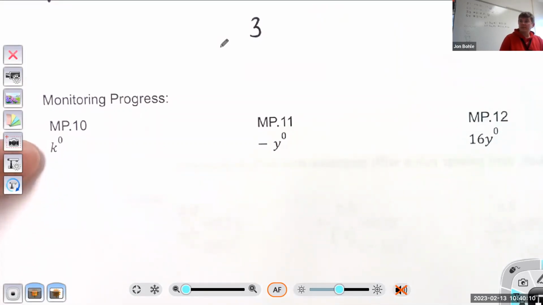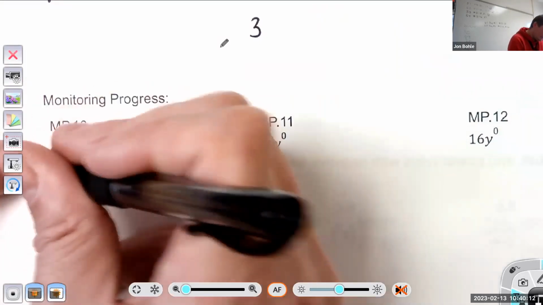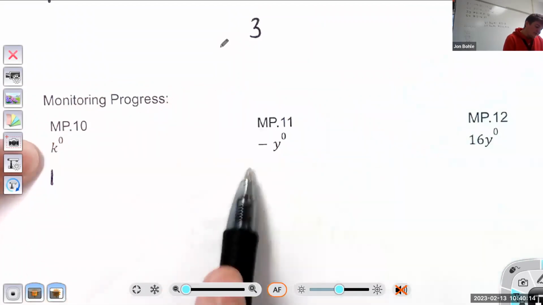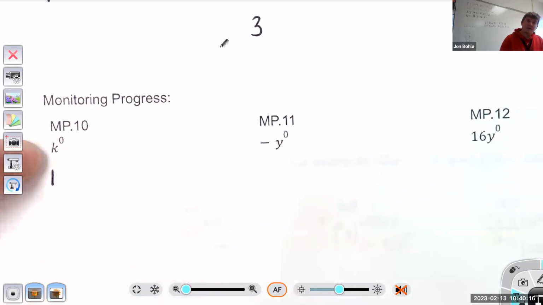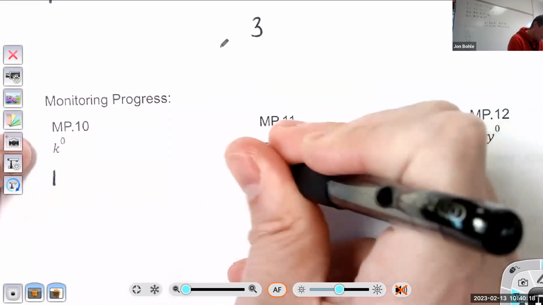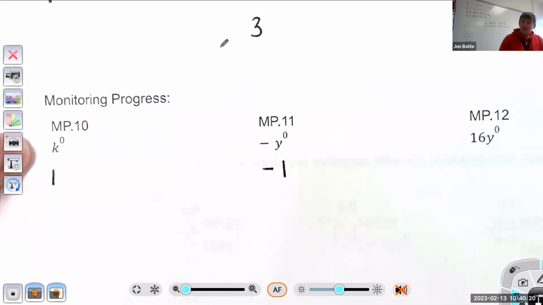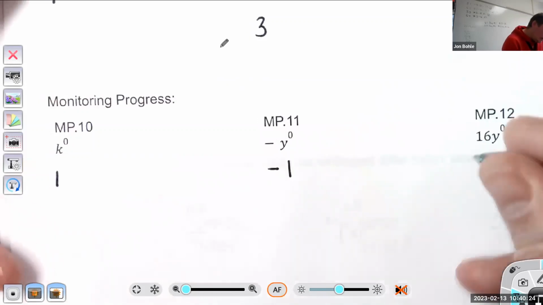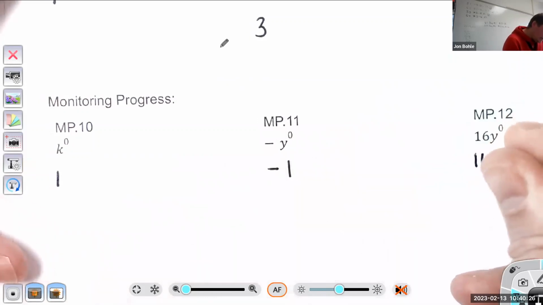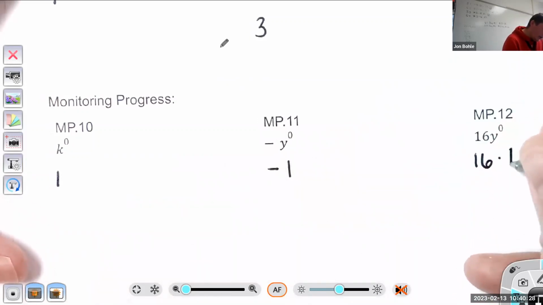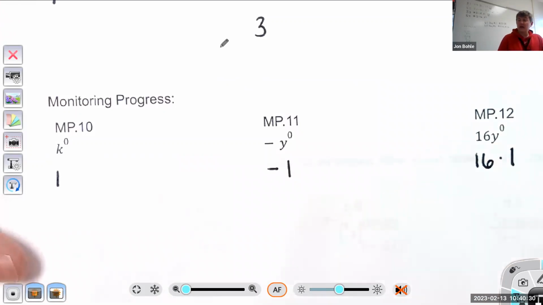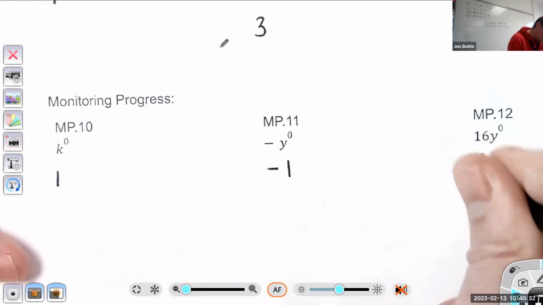K to the 0 power. Opposite of y to the 0 power. Okay, 16 times y to the 0 power. It is going to be 16. 16 times y to the 0 power is 1. 16 times 1 is 16.